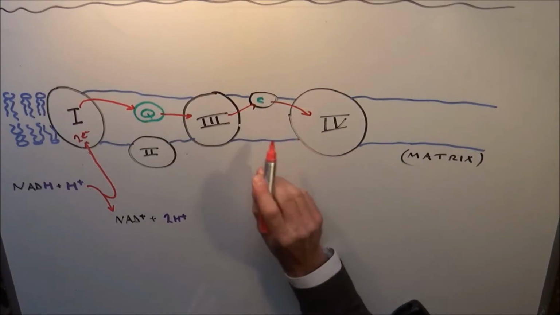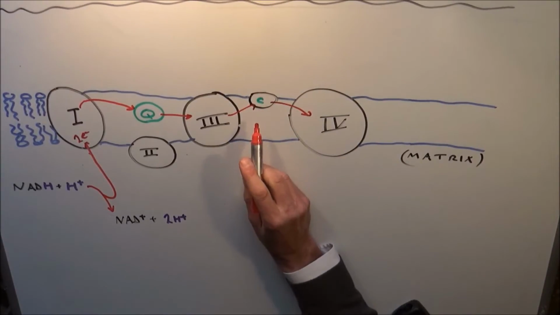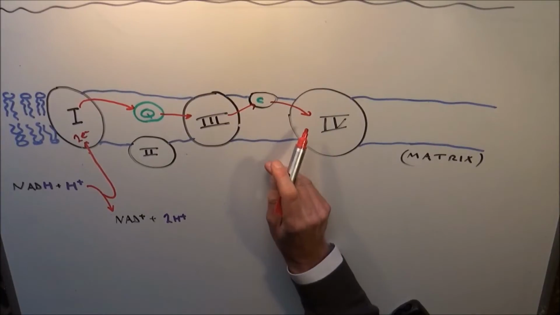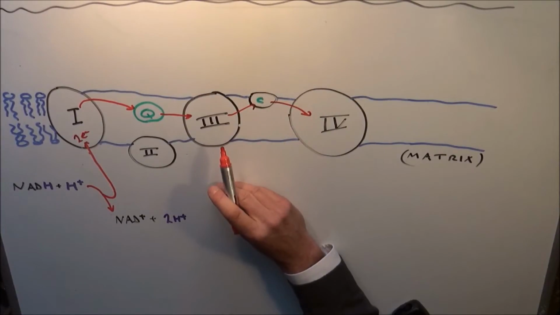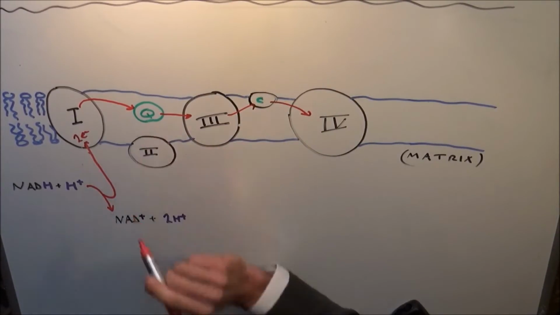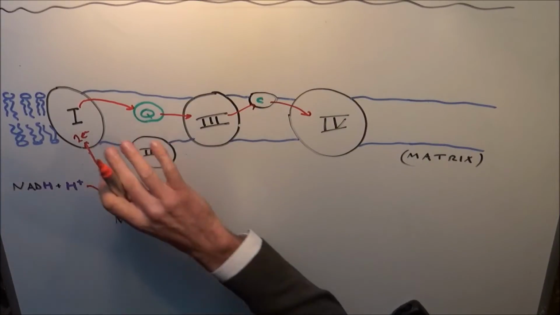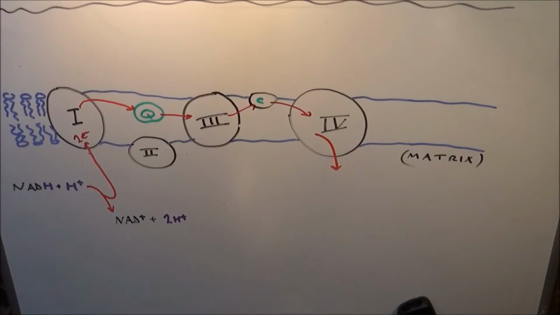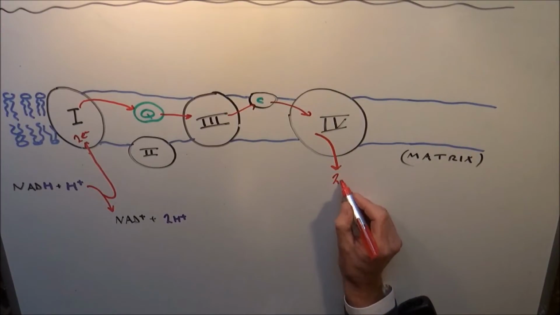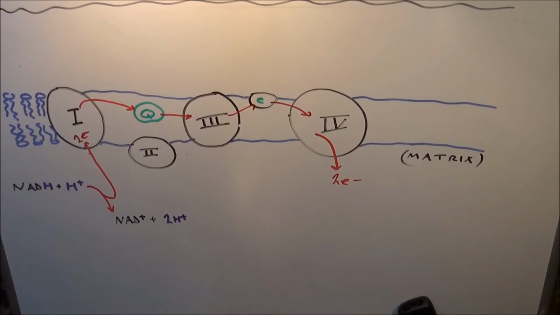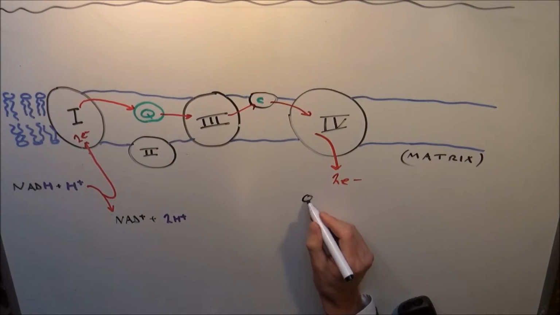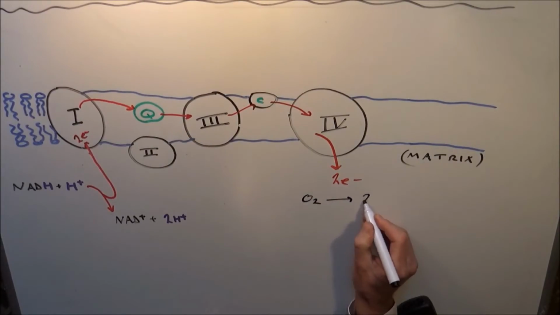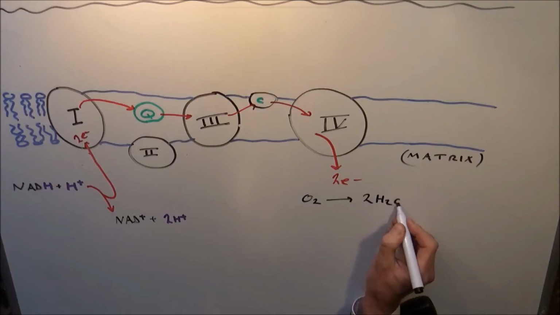So for example, cytochrome C can only carry electrons, so can complex 4, so can complex 3. This one picks up and drops off hydrogens, but really this is the electron transport chain. And finally complex 4 delivers the electrons onto oxygen, so oxygen becomes two molecules of H2O.